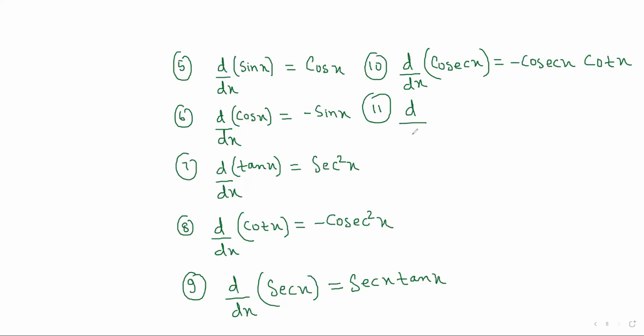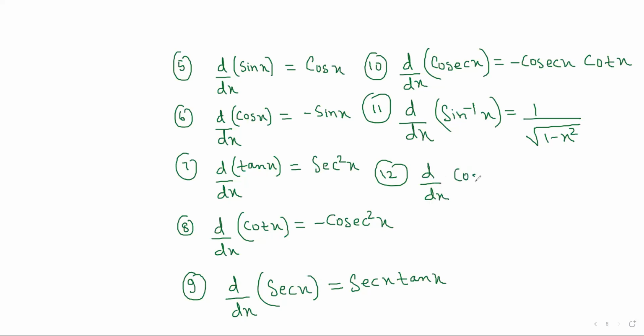Differentiation of sin inverse x is equal to 1 upon under root of 1 minus x square. Differentiation of cos inverse x is equal to minus 1 upon under root of 1 minus x square.